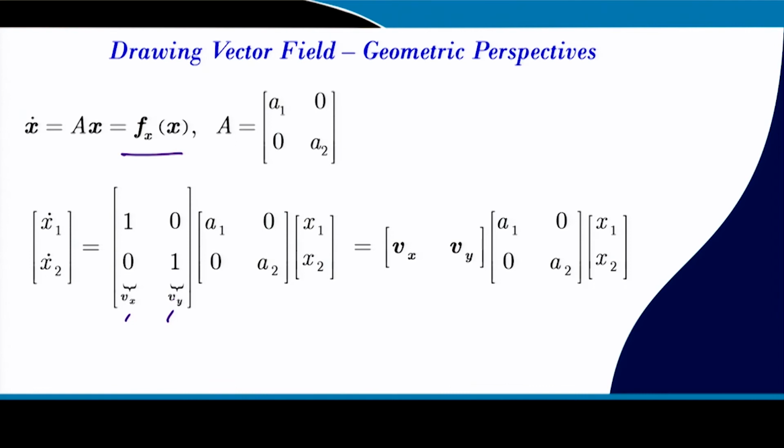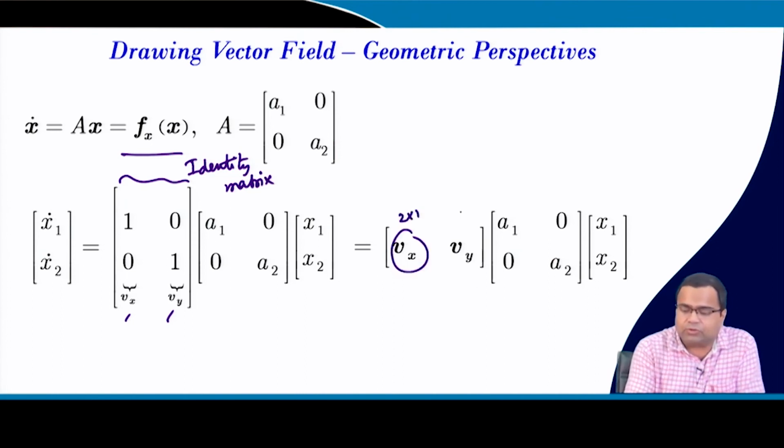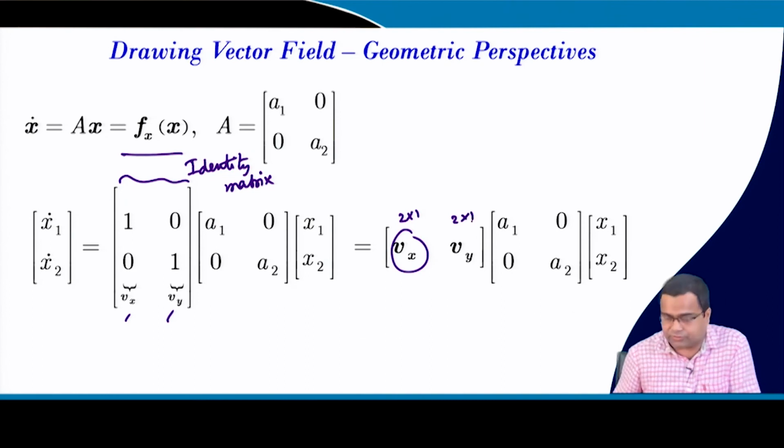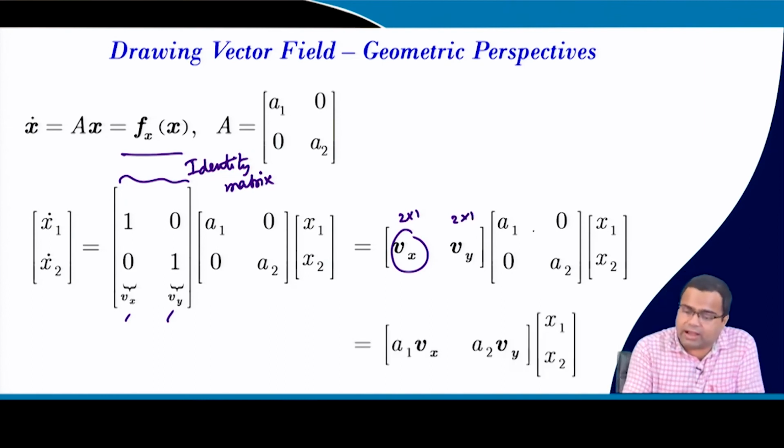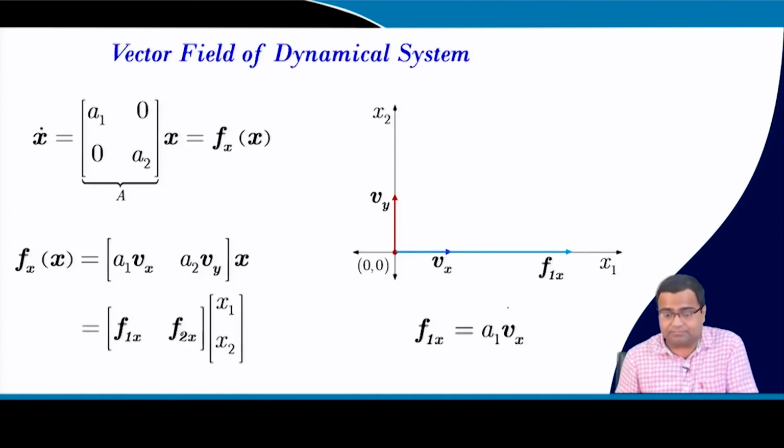So we can write, because this is our identity matrix, and this basis vector Vx has a dimension of 2 cross 1, this also has a dimension of 2 cross 1. So now I can write for this particular case A1 Vx, A2 Vx, right.